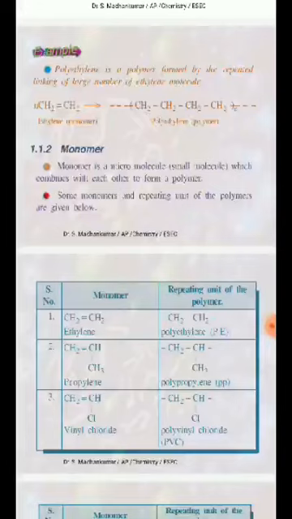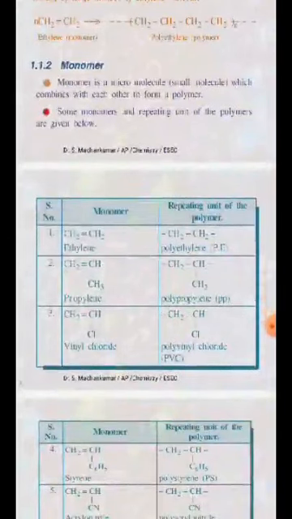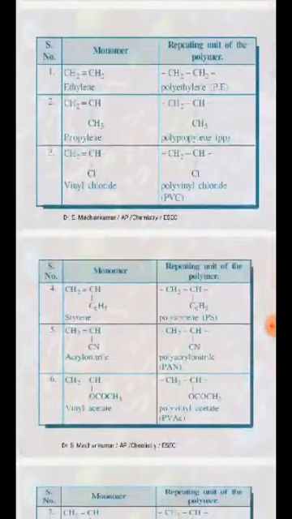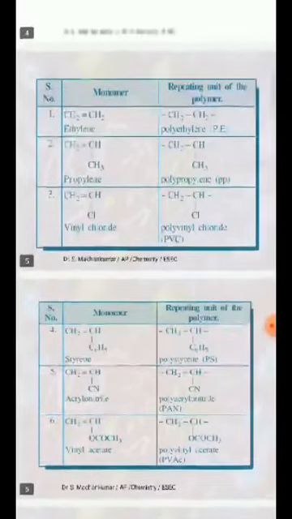Some monomers and repeating units of the polymers are given below. Examples, ethylene, propylene, vinyl chloride, styrene, acrylonitrile, vinyl acetate. These are all the important monomers.